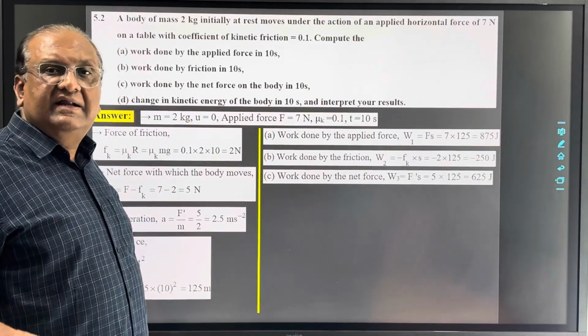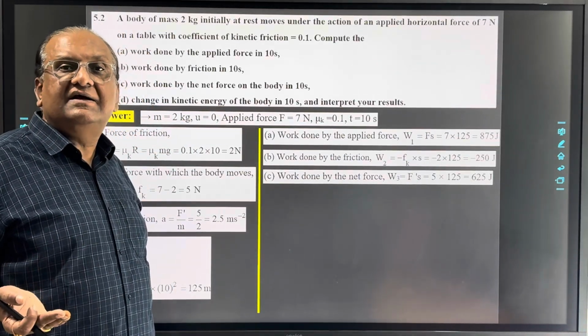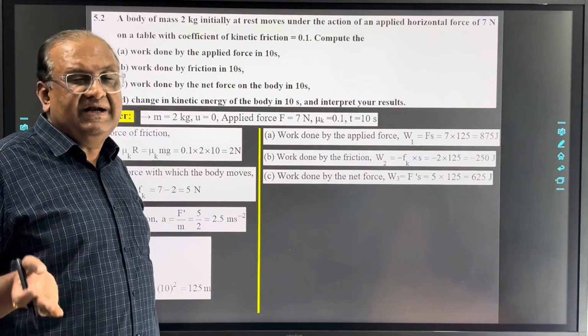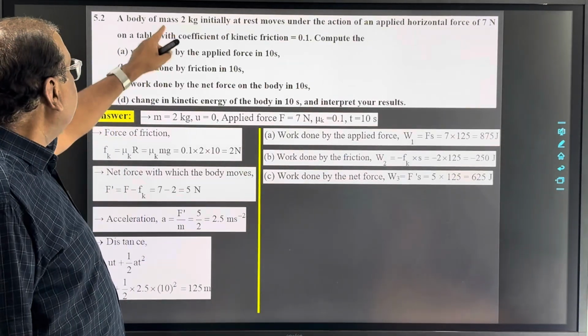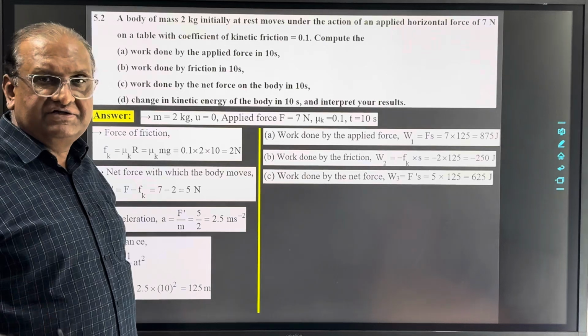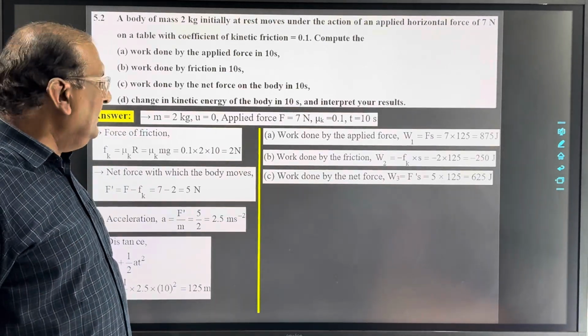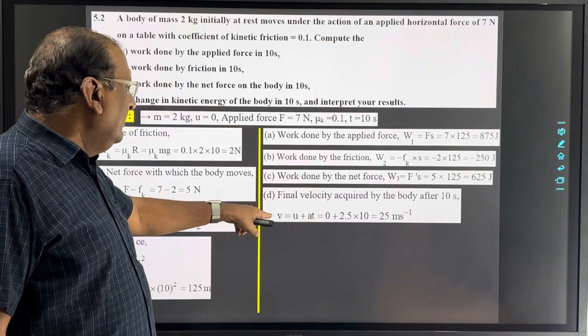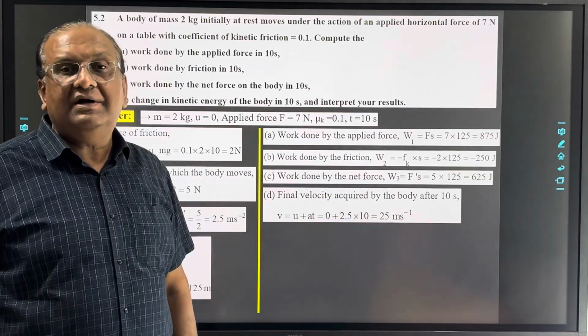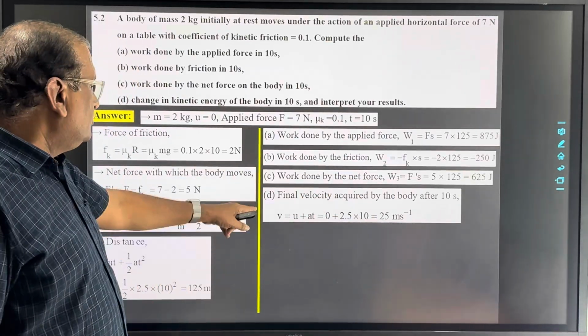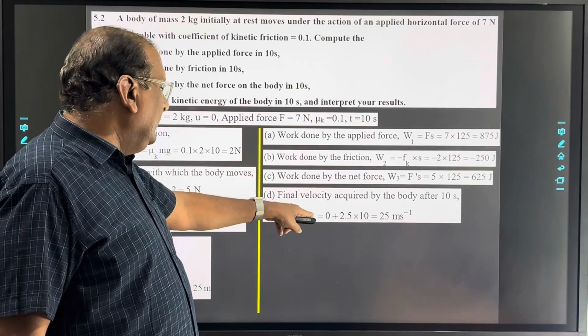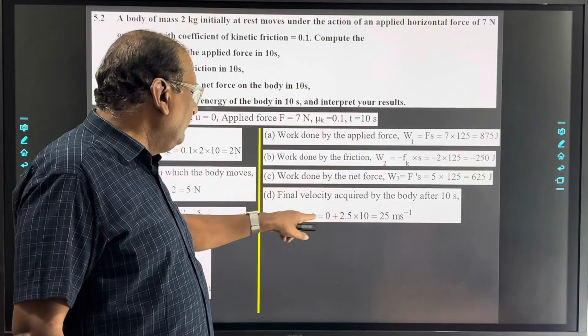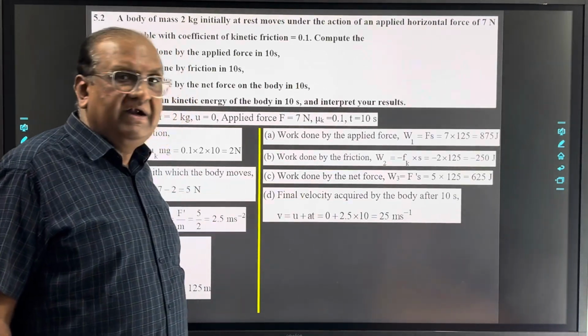Change in kinetic energy. Change in kinetic energy is whatever the final kinetic energy is, because initial is 0, because initially the body is at rest. So we can calculate it by finding the final velocity after 10 seconds. So V equal to U plus AT, U is 0, A is 2.5, T is 10, so V is 25.